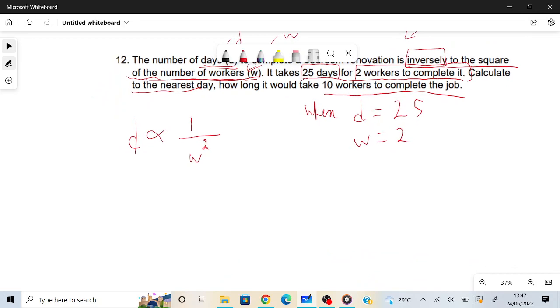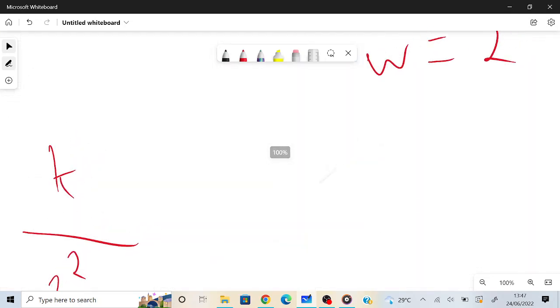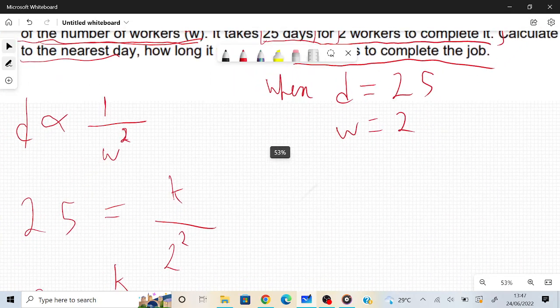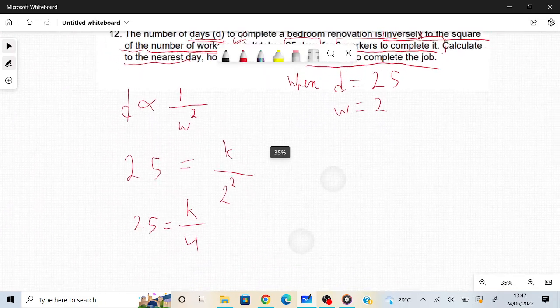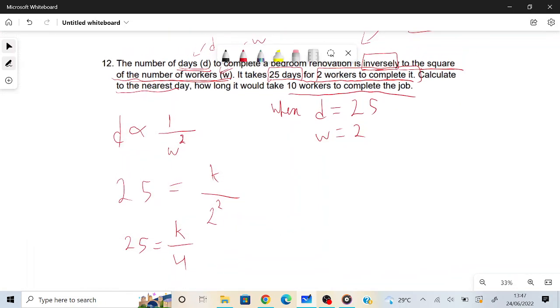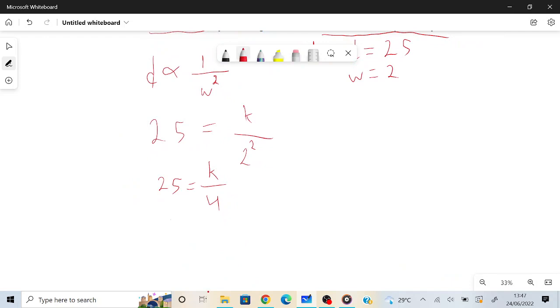Knowing that, when we form our equation, we know this is something like 25 equals k over 2 squared, which is 25 equals k over 4. And upon solving for k, you know k is 25 times 4 due to cross multiplication, and doing that you should get k is 100.